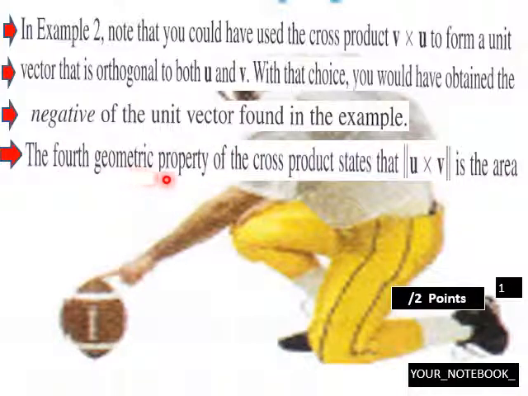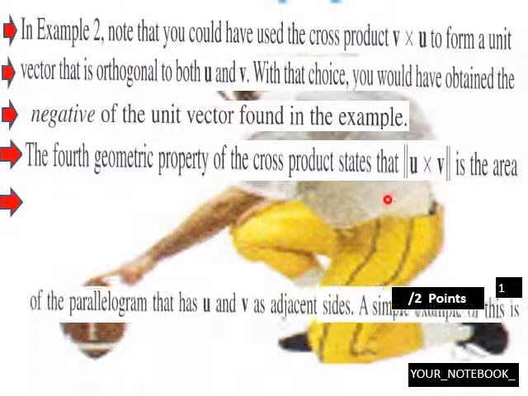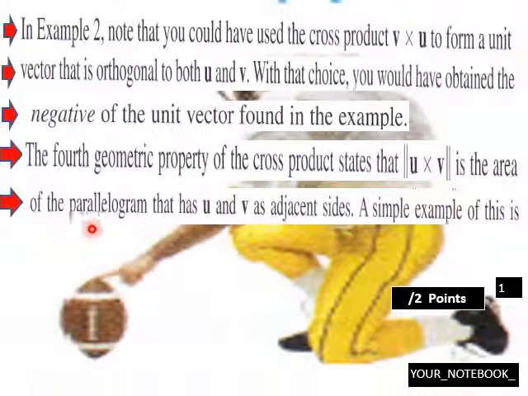So the fourth geometric property of the cross product states that the directed vector u times v is the area of the parallelogram that has u and v as adjacent sides. So this will find the area of a parallelogram that has u and v as adjacent sides.